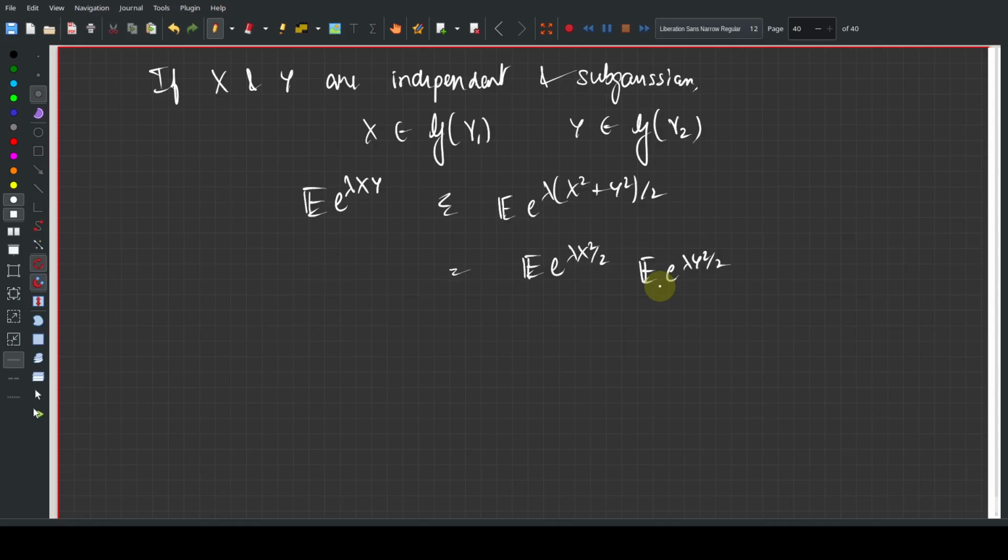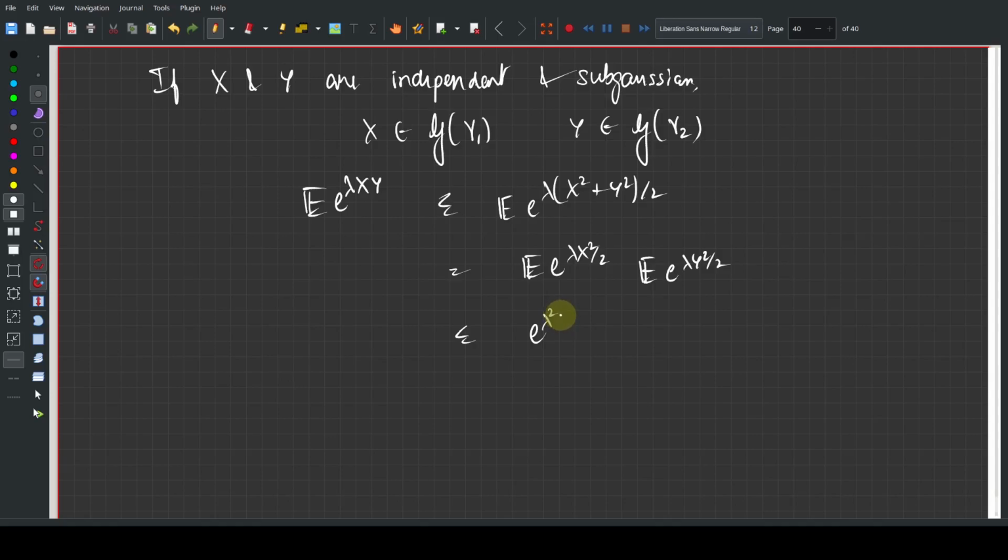Both of them are bounded, true. So what can I say about this quantity? This is less than or equal to e to the lambda square.